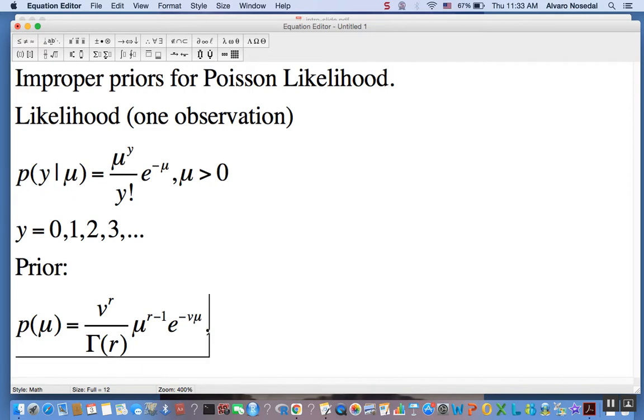Okay, and the support for that PDF is positive mu's.